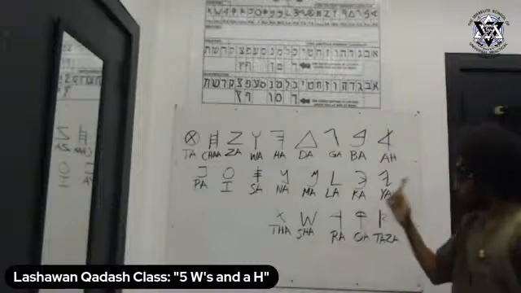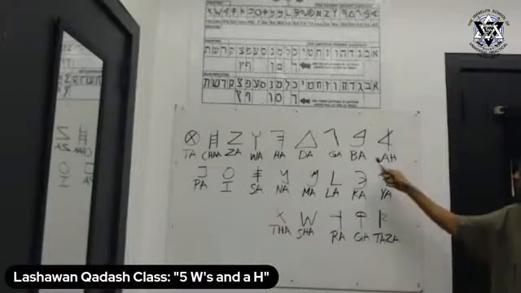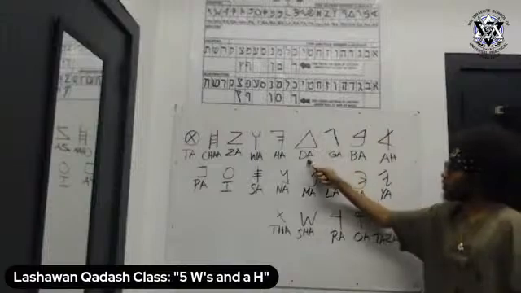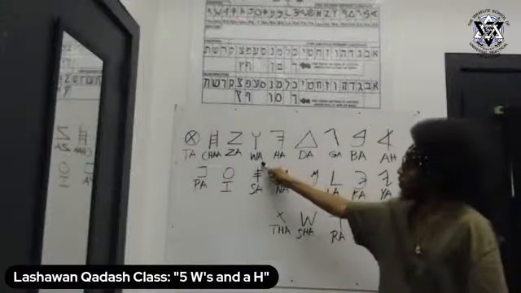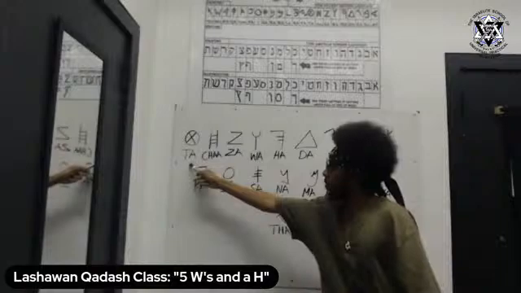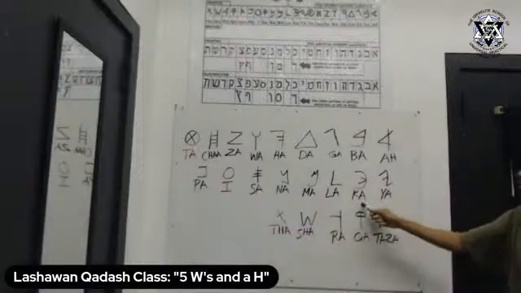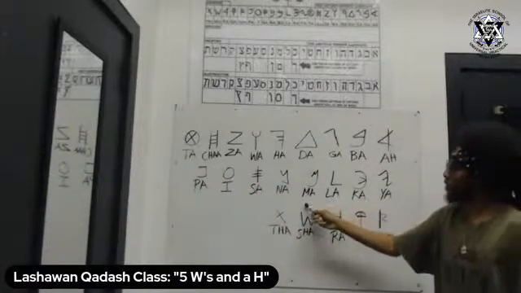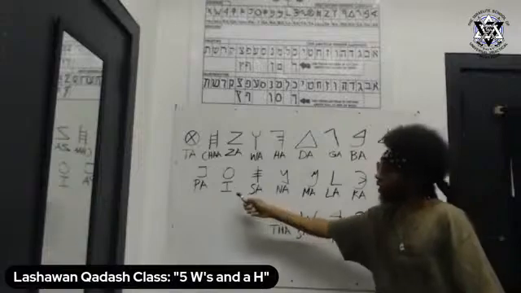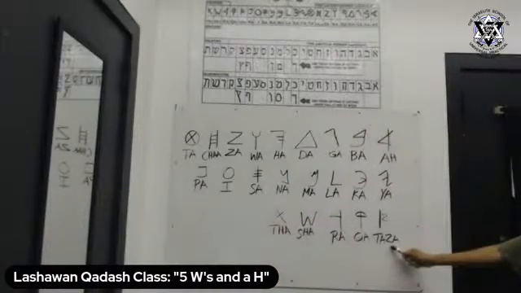If you keep getting it wrong, we'll start all over. Say this loud. Ta. Say it again.